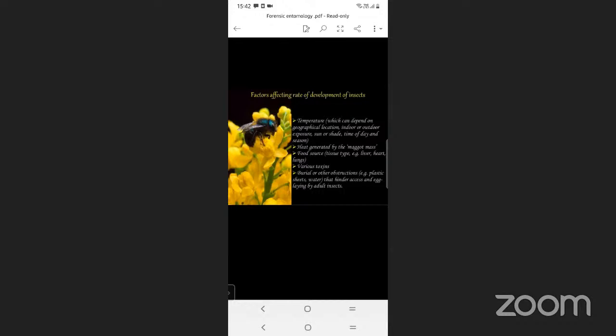We have to provide such conditions for the beetles and pupae to undergo the different stages also. That shows the developmental delay or the succession of the particular insect. So as such, we have to study all these things in forensic entomology.